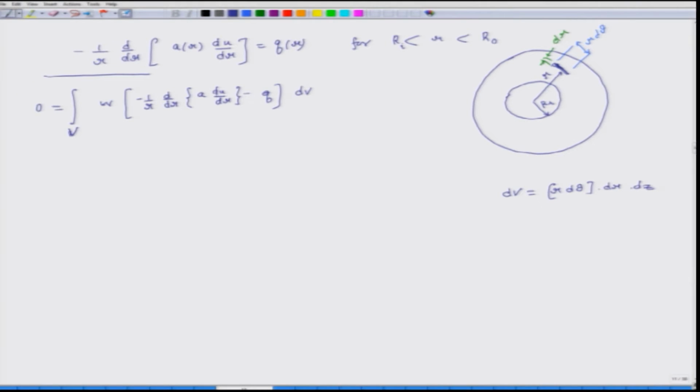Also, this is a volume integral, and the limits of the integral will be, when I am integrating on theta, from 0 to 2 pi.